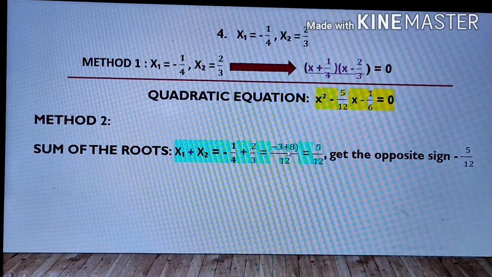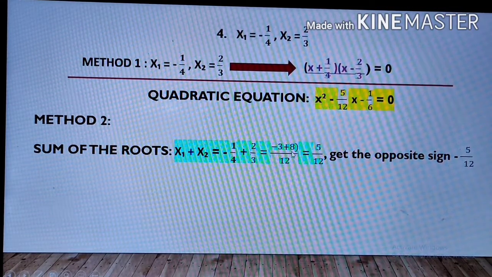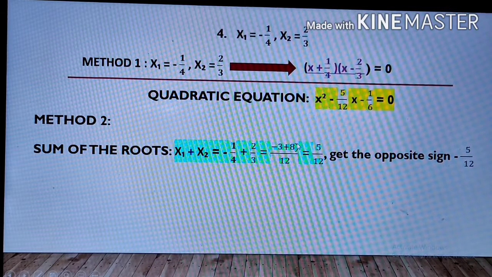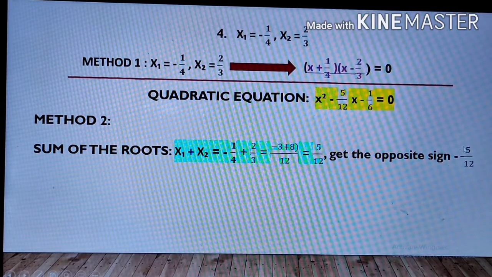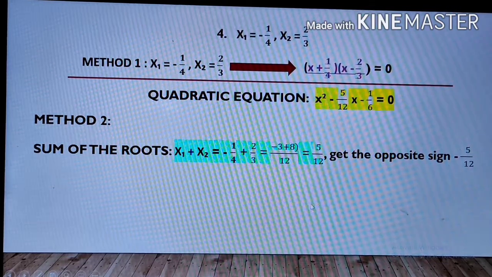Equals negative 3 plus 8 is equal to positive 5, because 8 is greater than 3, and the sign of 8 is positive. So positive 5 over 12. Then get the opposite sign. The opposite sign of positive is negative 5 over 12. That is our final answer.